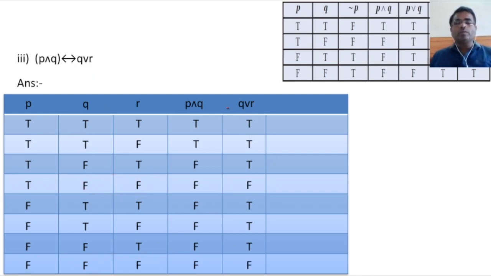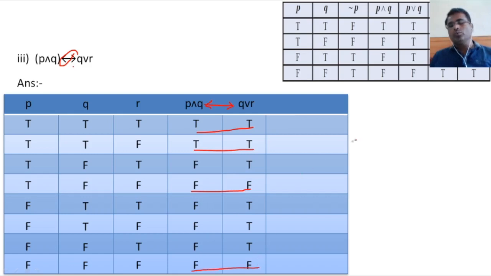Then next we have to consider the double implication between these two. So this double implies this. We have seen that if both are true or both are false, then only the resultant is true. So here both are true, or here both are false, or here both are false.